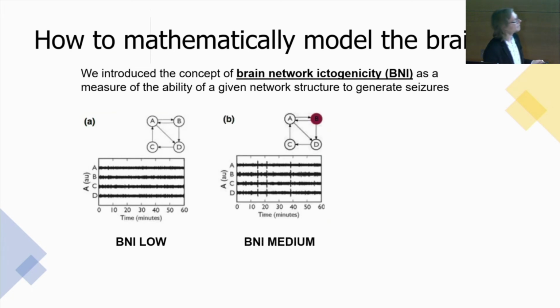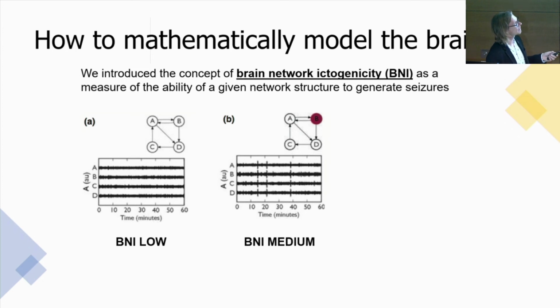Now, interestingly, if I just change something very slightly, so this is exactly the same system as we had here, only I've made region B ever so slightly more excitable than it was before. And now all of a sudden I can see pathological bursts, but really interestingly, I see them across all regions simultaneously. This is an interesting observation because we heard a bit this morning about focal and generalised seizures.